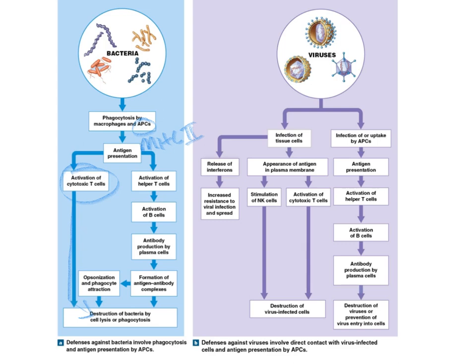Or they can present to helper T cells, which then activate B cells, produce antibodies, and then we talked about the three functions of antibodies, right? They can either do opsonization and help with phagocyte activity, or they can form antigen antibody complexes and actually remove the bacteria out of the system.